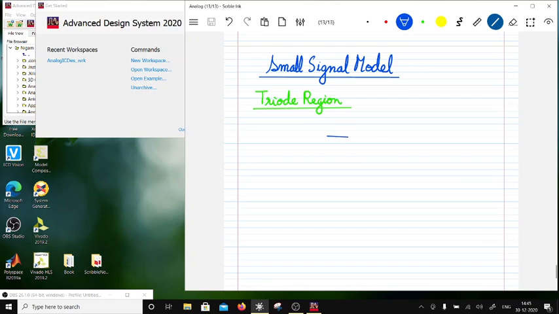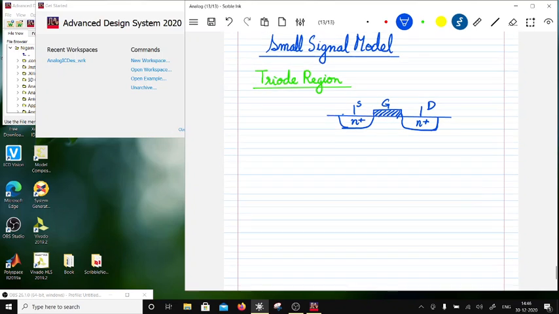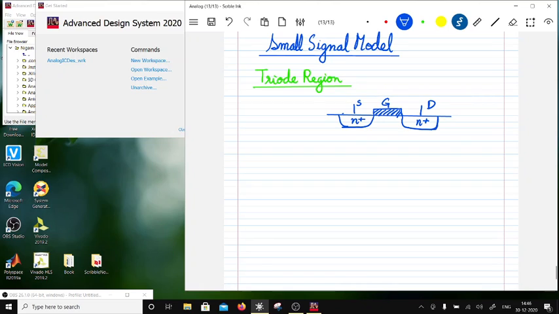Okay, so let me just draw what it will look like. What's going to happen in the triode region is, I have got the gate oxide, so this will be gate. Then I have got the drain, and I have got the source, right? Source and drain. And this is going to be a channel, right?